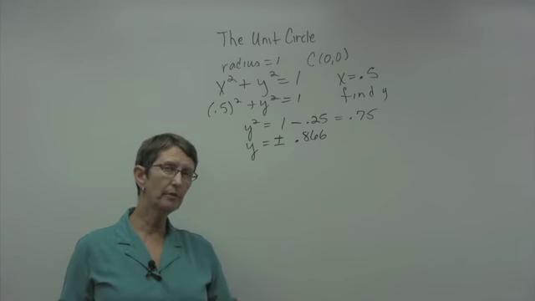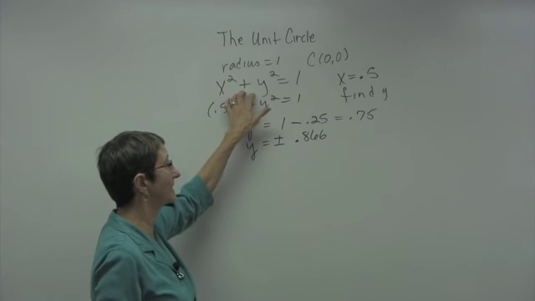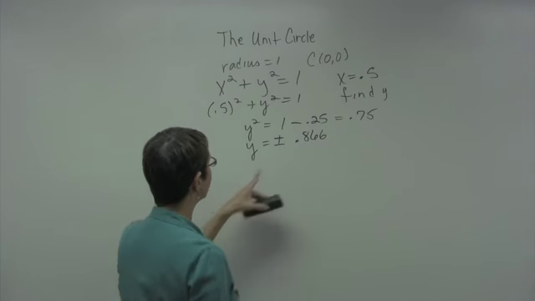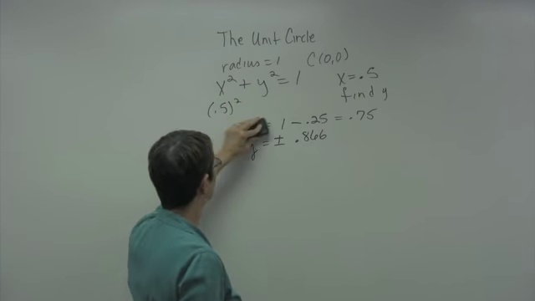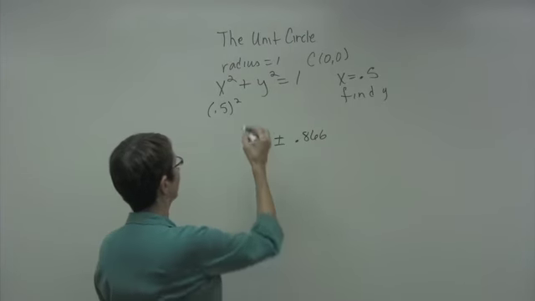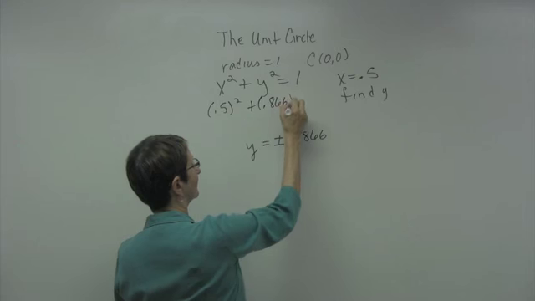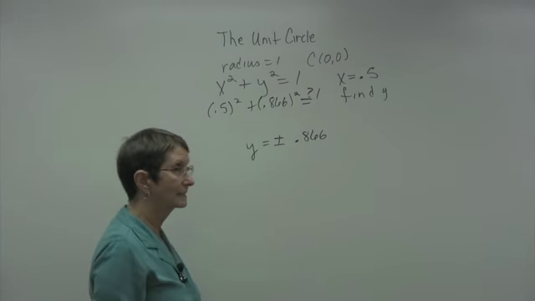That can be a problem, though. If you chop it off and then put it back up in here to test it, you don't quite get the right number. Let's take this y value and put it back up in here and see what we get. If I put in 0.866 and square it, does it equal 1?